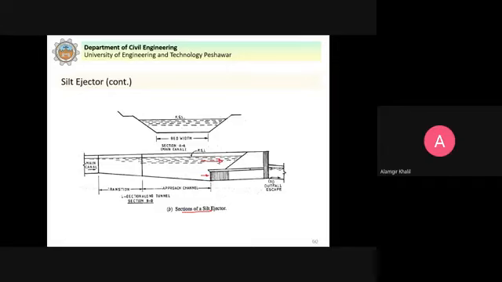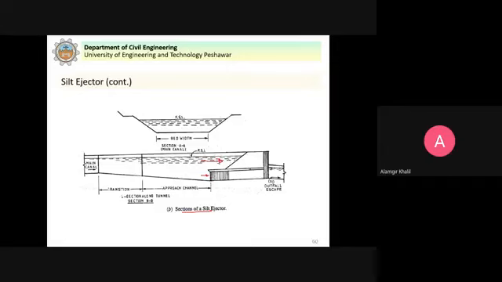The site must have good command over the area to be irrigated, and must not be too far, to avoid long feeder channels. The width of the river at the site should preferably be minimum, with a well-defined and stable river reach.